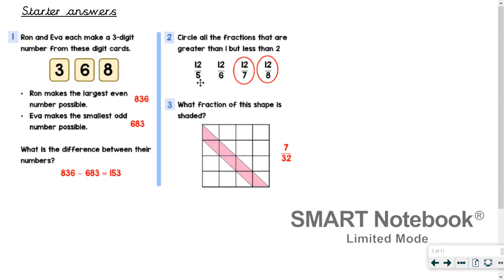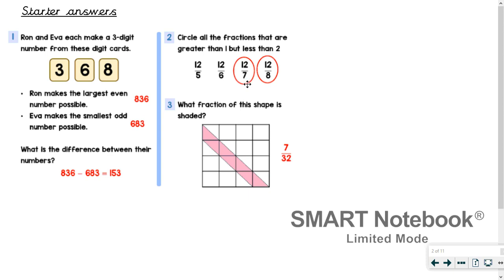Double 5 would be 10. 12 is still bigger, which means it's going to be bigger than 2. Here we've got 6. Double 6 is 12. Oh, 12's on top. That means it's exactly double, which means it's exactly 2. It says less than 2, so we cannot have this one as an answer because it's exactly 2, not less than 2.